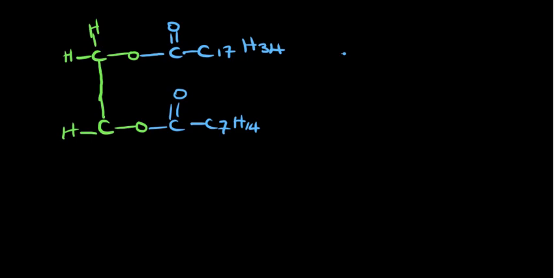Where it joins with the last carbon, we have a double bond here, so it curves here. 1, 2, 3, 4, 5, 6, 7, 8, 9.